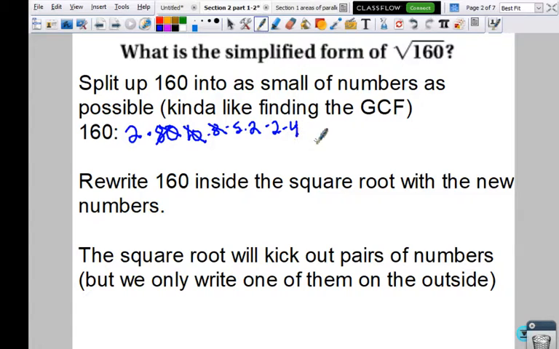But 4 is really 2 times 2. We did this before, right? So did you get 2 times 5 times 2 times 2? So we got a 2, a 5, a 2, a 2, a 2, a 2. So 1, 2, 3, 4, 5 twos, and then a 5.